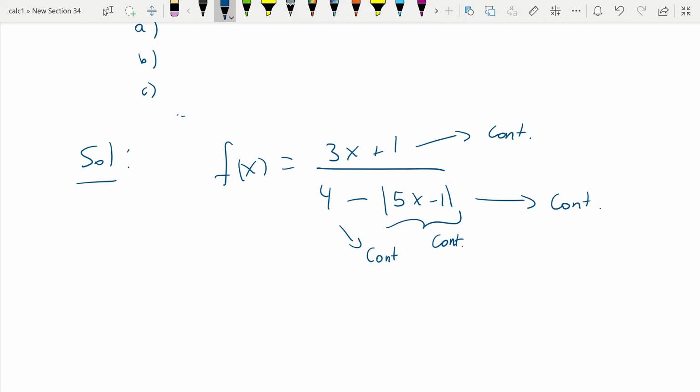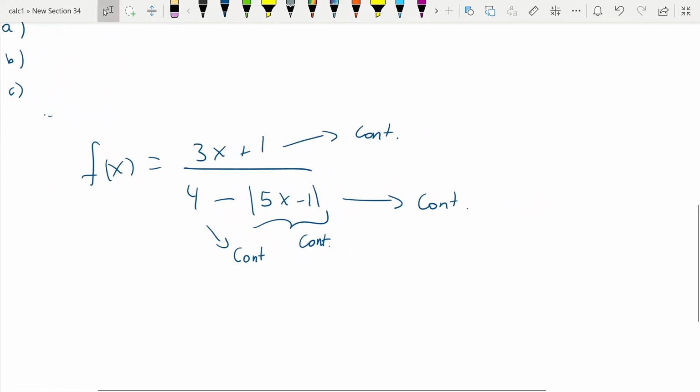So how can this expression fail to be continuous? That's what we're really trying to test here: whether you understand that when a function is defined as a quotient of two functions, and the numerator and the denominator are both continuous, how can this function fail to be continuous, and where will that happen?